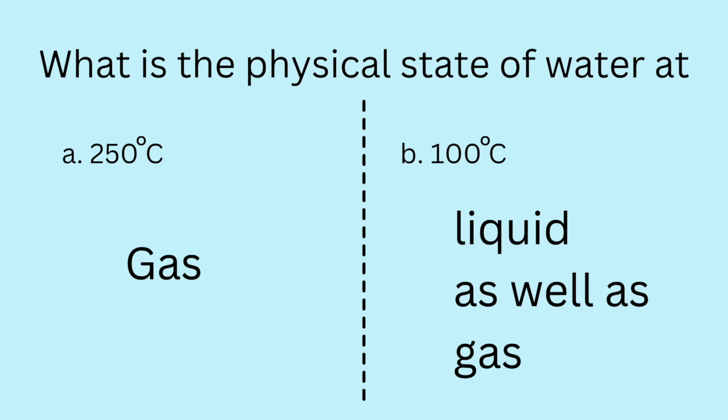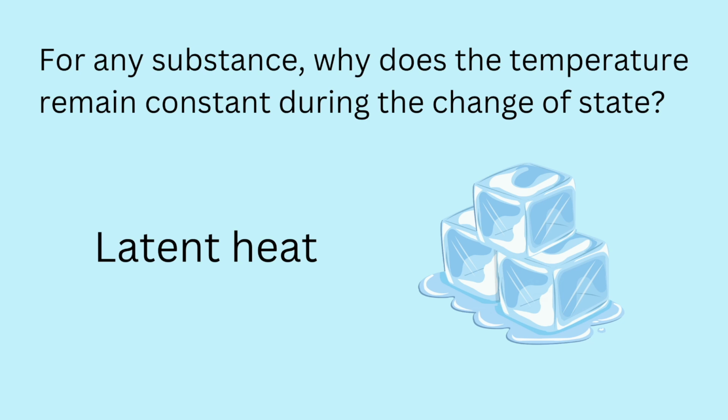Now moving on to the next question. For any substance, why does the temperature remain constant during the change of state? Okay, so this is the exact question for which the answer is latent heat. I hope you remember the definition for latent heat. So it is the heat energy that is used to overcome the forces of attraction between the particles of matter.